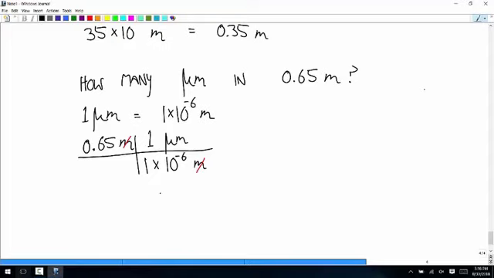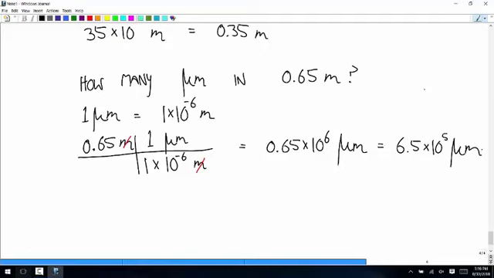Dividing by 10 to the minus 6 is the same as multiplying by 10 to the 6. So you get an answer of 0.65 times 10 to the positive 6 microns. And that is 6.5 times 10 to the 5th microns in scientific notation.